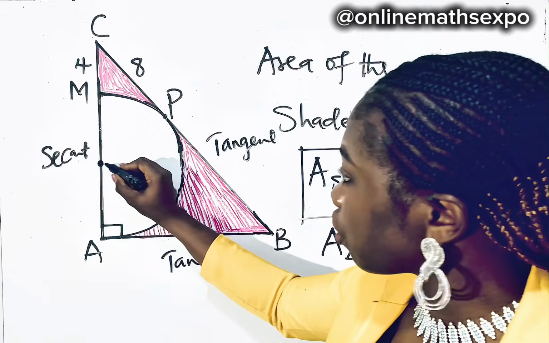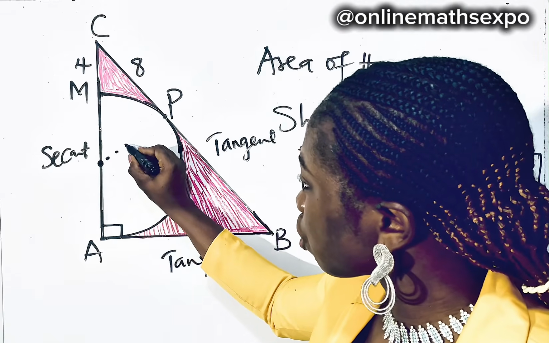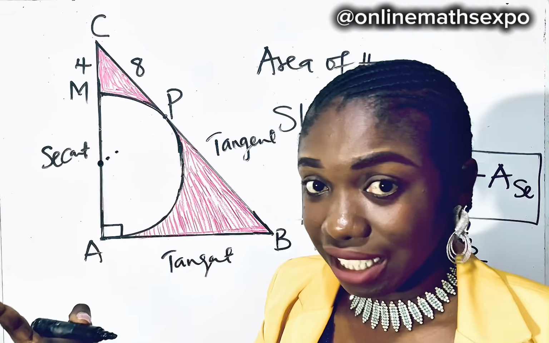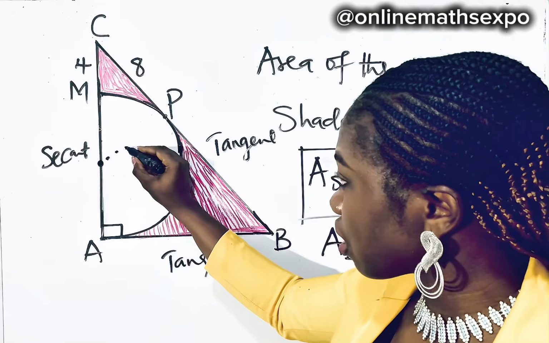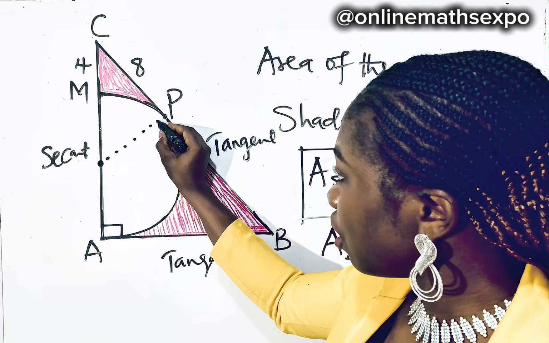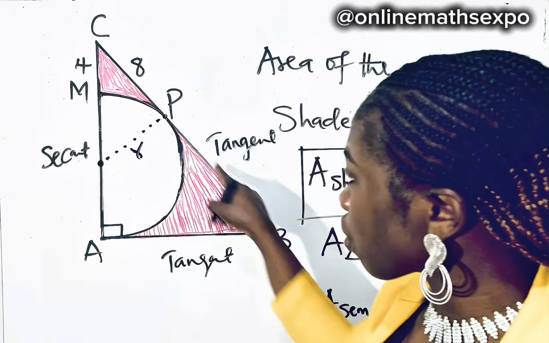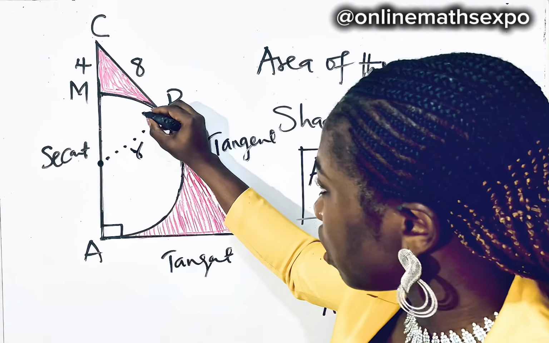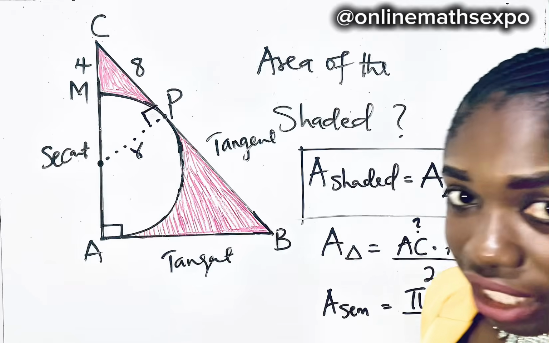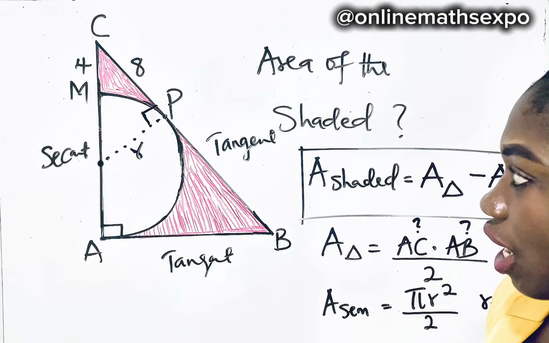So if we drop a line from here to the point of contact on the circumference, see what I have. This is my radius, and anytime the radius drops on the tangent line, it always makes a right angle at that point of contact.